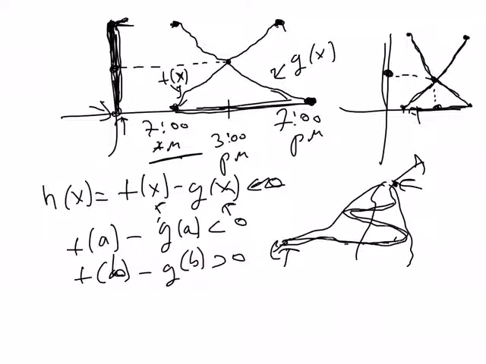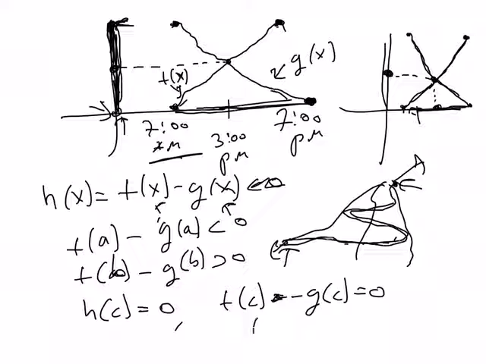So because of that, you can say, by the intermediate value theorem, that there's some c such that h of c is equal to 0. Or in other words, there's a c such that f of c minus g of c is equal to 0, or f of c is equal to g of c.